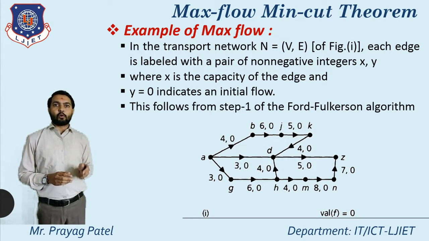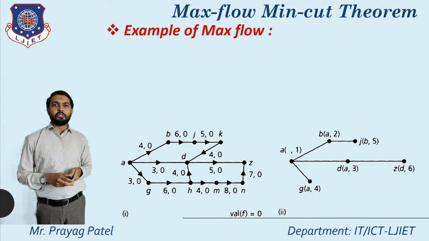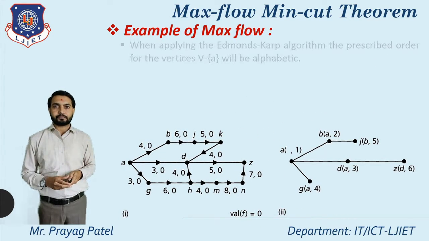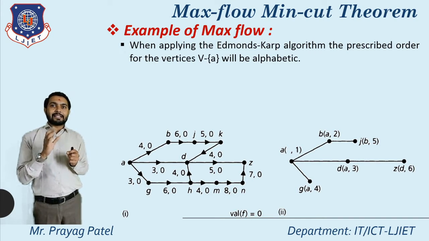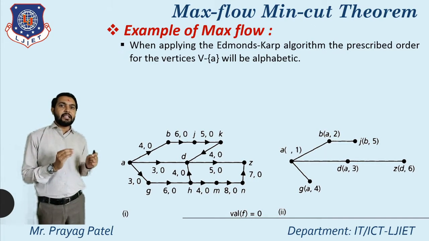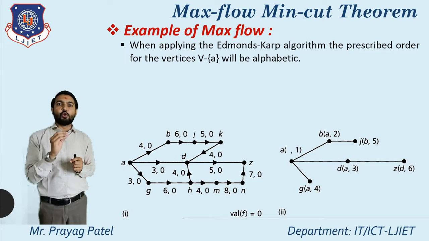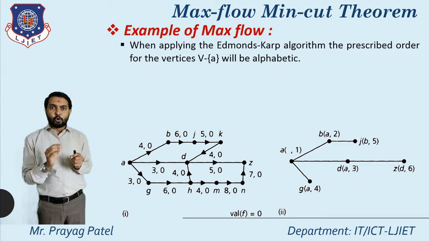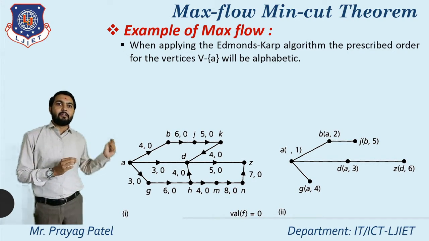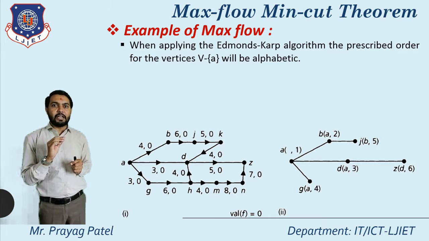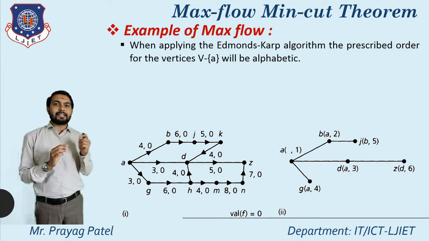Now after that, according to step number 1 of the Ford-Fulkerson algorithm, we use this algorithm and find the path. So see here, A is the source node. Initially assign the label to node A: blank space and 1. That means A is your initial source node, and 1 is the count.